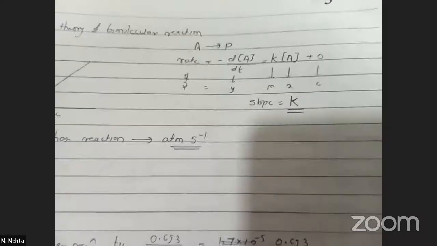To find the nature of the graph, let us start with the Arrhenius equation. Your Arrhenius equation is K is equal to A into e raised to minus EA upon RT.